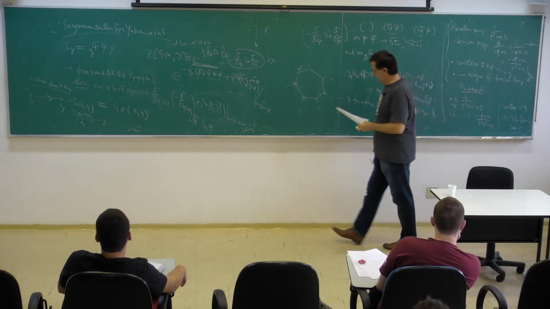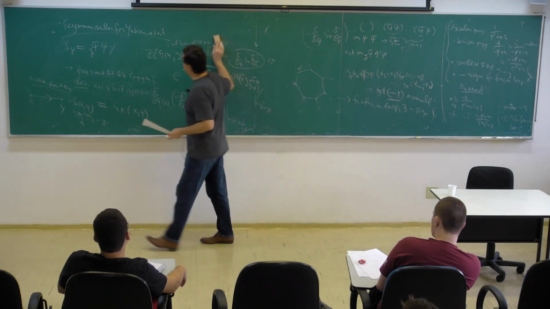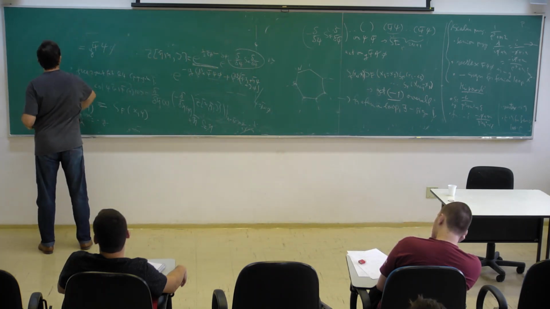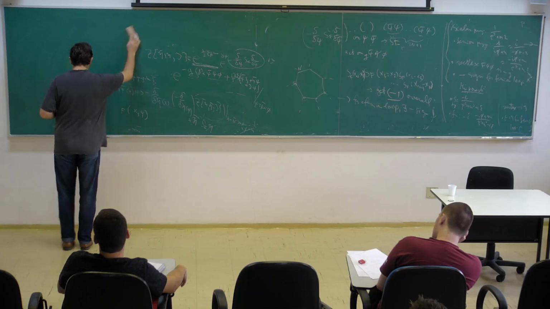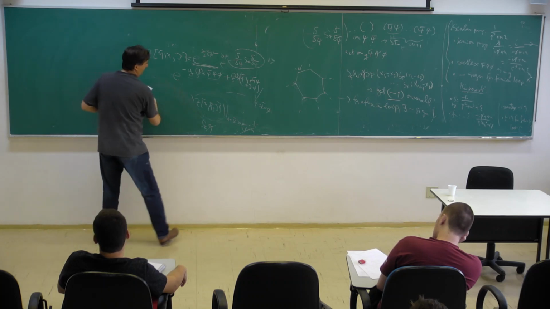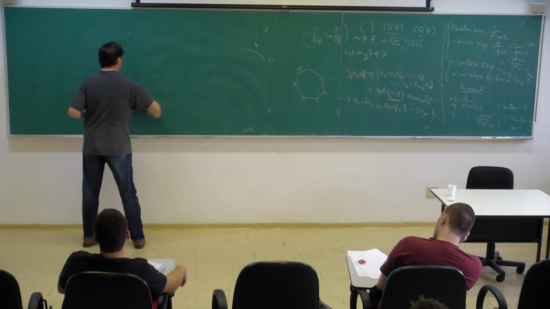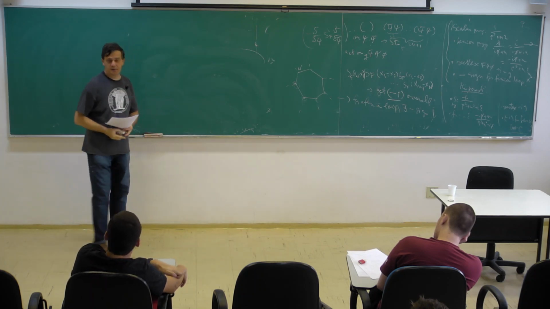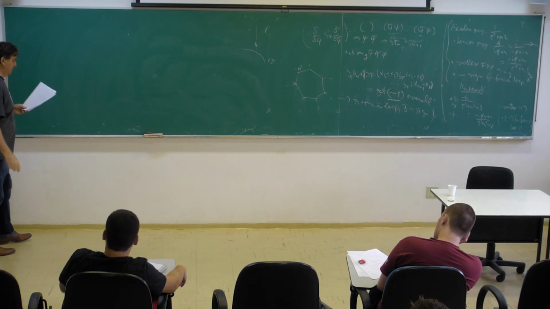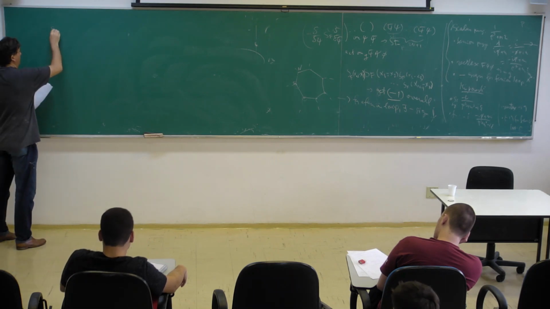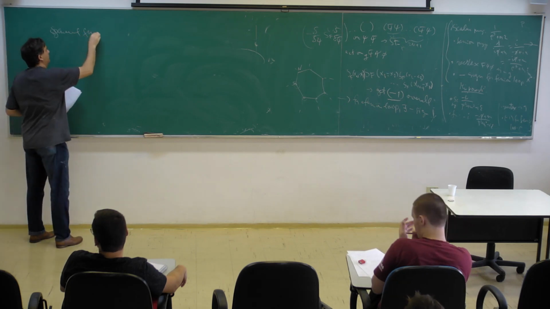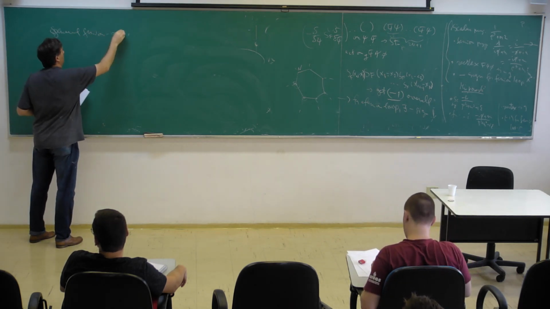And one more thing to say, which is that I said what happens only for the Yukawa interaction, but in principle I could write some more general interaction between fermions and scalars. So a general fermion scalar interaction.